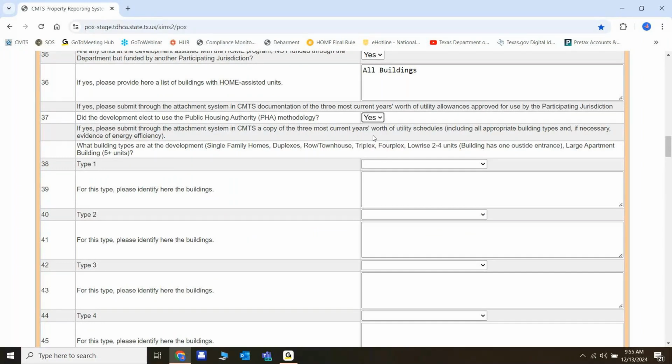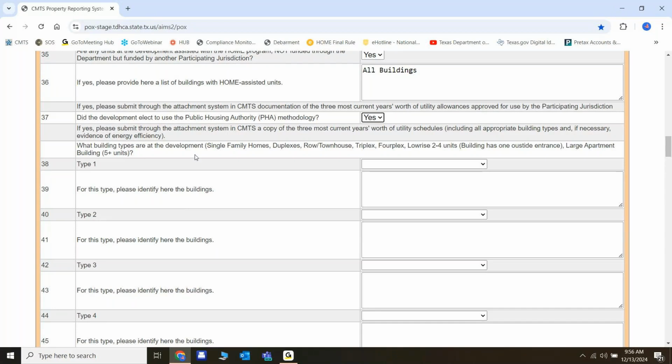If the answer is yes, you need to submit 3 years worth of your utility schedules from that Public Housing Authority, and all building types and evidence of energy efficiency if necessary, and submit those into CMTS. But then you also have to answer these questions down here.